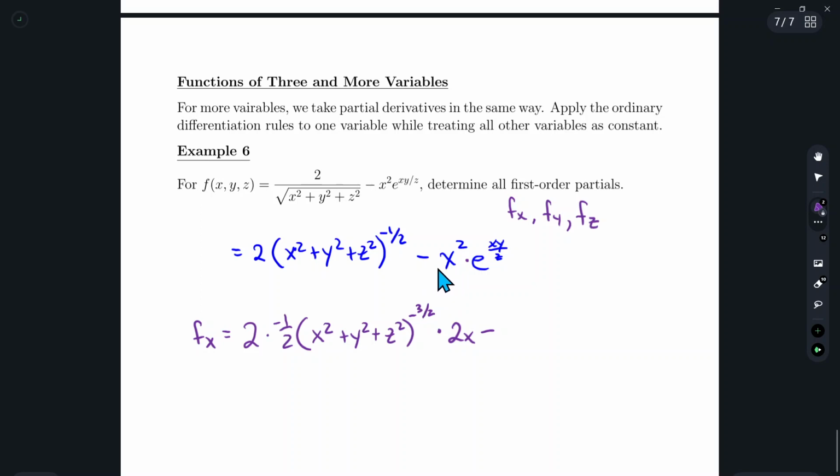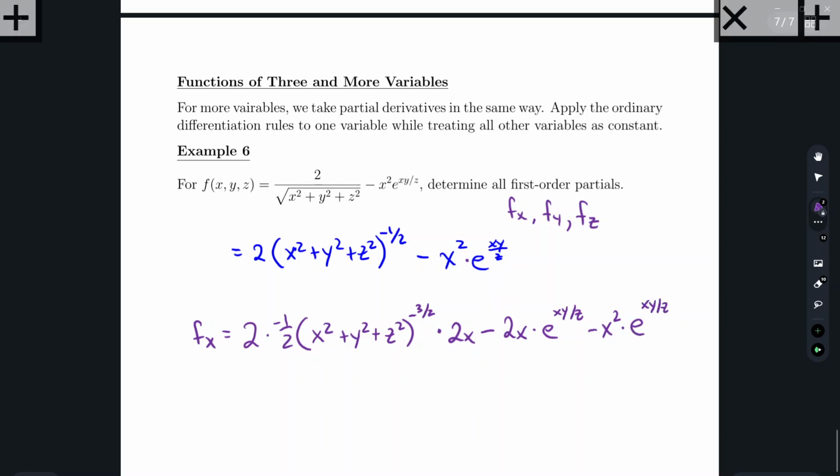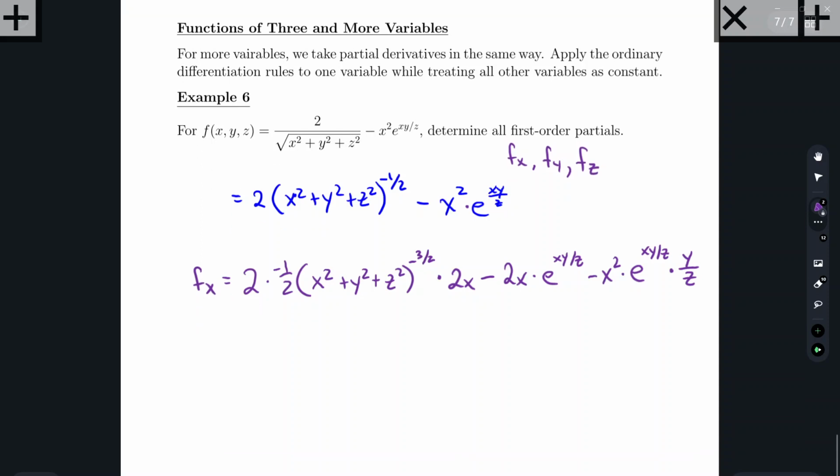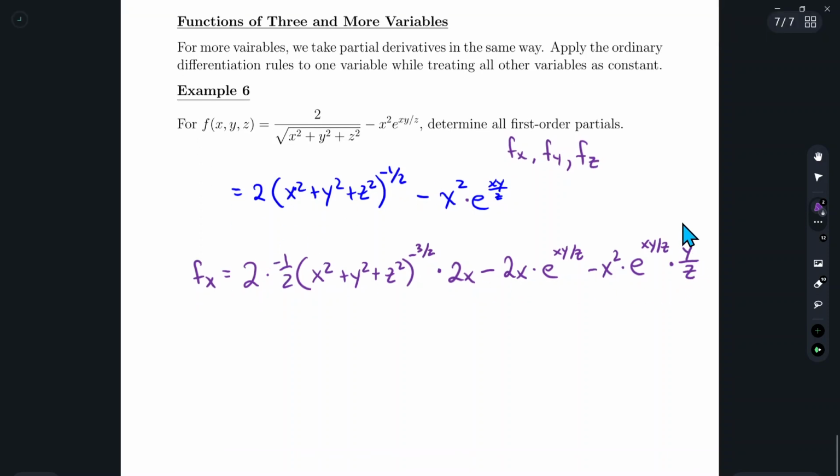The derivative of minus x squared is minus 2x times the exponential, which stays the same, and then minus the x squared stays the same times the derivative of the exponential, which is the exponential, but I have to do the chain rule. When I differentiate inside, x is the variable, y over z is the constant coefficient, so that comes out. Okay, so that's what we get here.